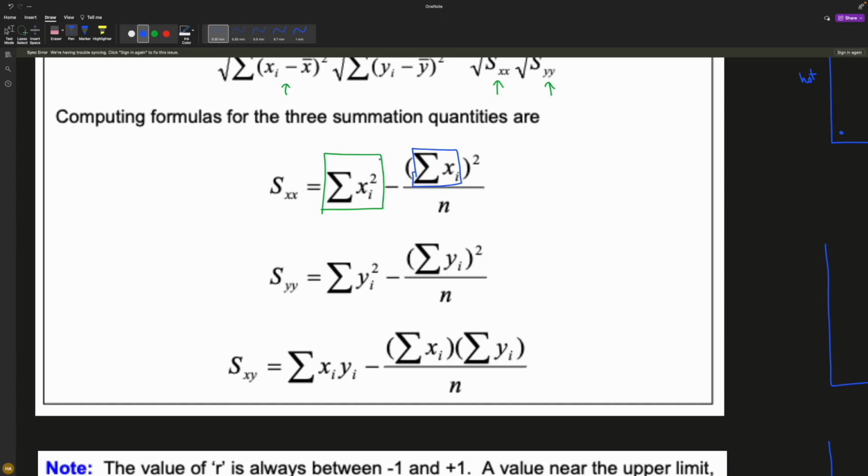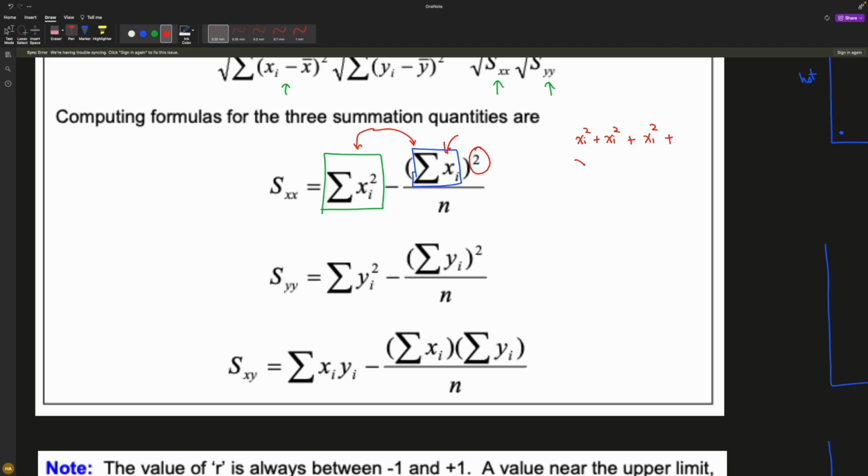These two are not the same. Okay, please don't make this mistake. These two are not the same. This one is this number, whatever number the calculator gives you, then you square it. This number, you don't square it. The calculator will give you the sum of x_i squared, because basically this one is x_i squared plus x_i squared plus x_i squared plus.